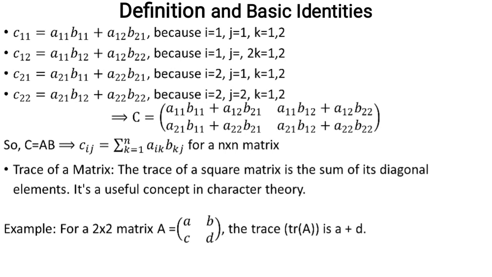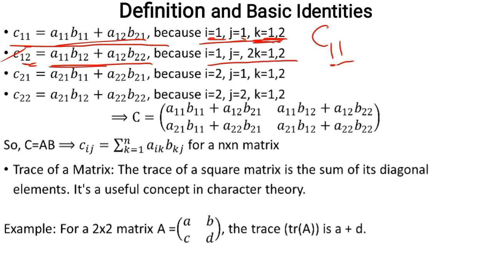When i is 1 and j is 1 and k runs from 1 to 2, you get this for the entry C11. So that means C11, i is 1, j is 1. So that's why you have that. But then k is changing from 1 to 2, remember, for the formula. Okay, so you get this for your first term. When i is 1 and j is 2, you get this. So you just simply run and check your entries one by one.